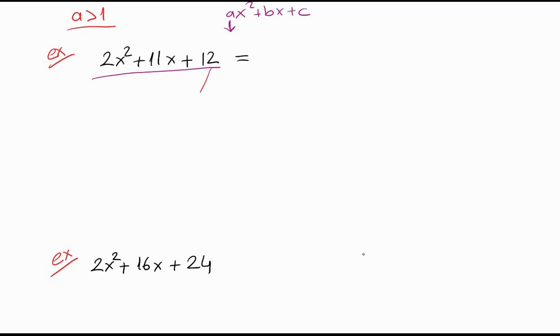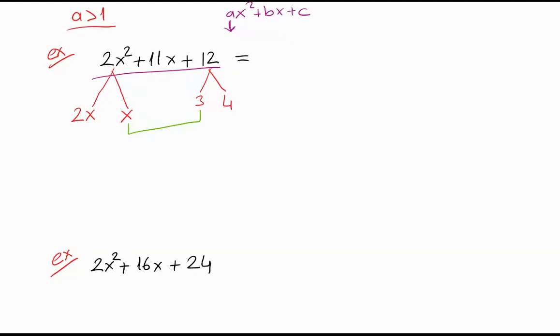So I'm factoring 12 as 3 and 4. Here, since I have 2, one of my x's has to be 2x. Okay.